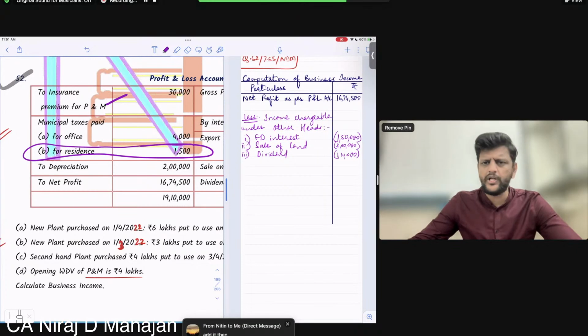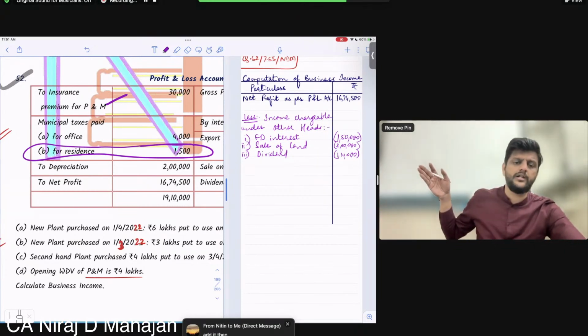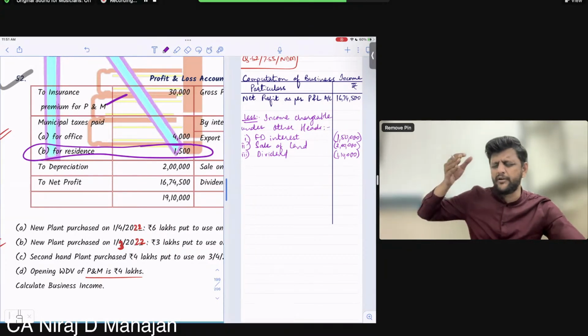Okay, Nitin. So now I will remove the debit. It is currently debited to P&L. I will remove the debit, I will remove the expenditure.